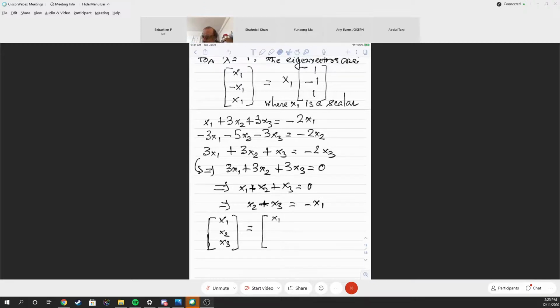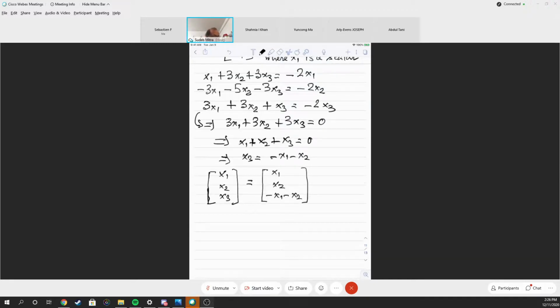Okay, so this is what I will do. Let me break it in terms of x1 and x2, so x3 is minus x1 minus x2. So this is x1, x2, and minus x1 minus x2. So this will give me x1 times (1, 0, minus 1) plus x2 times (0, 1, minus 1).